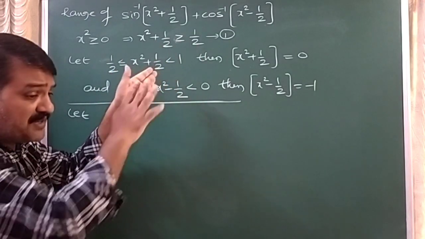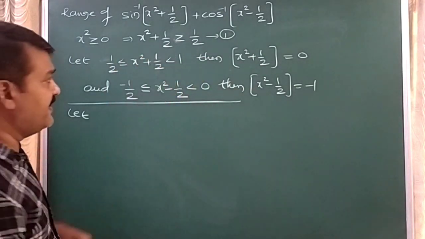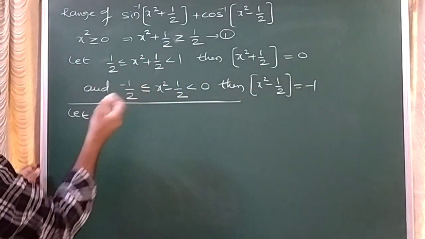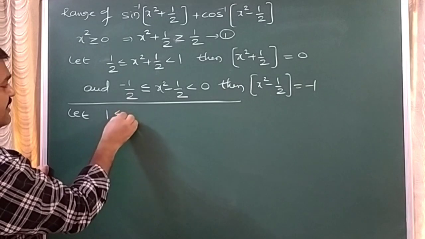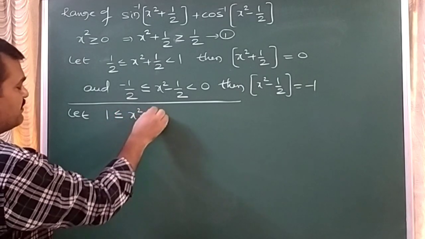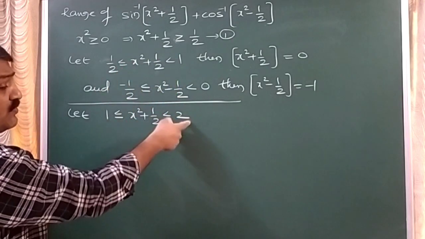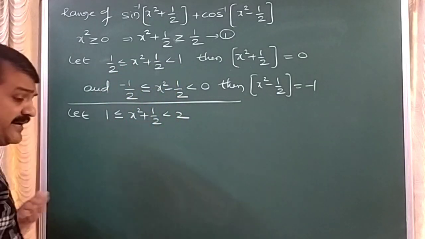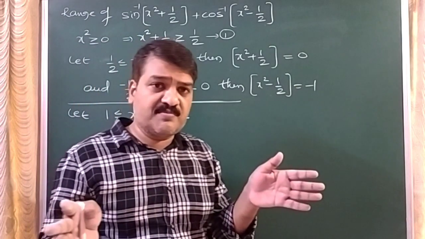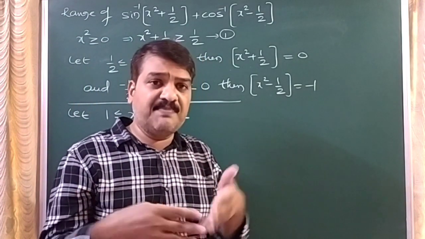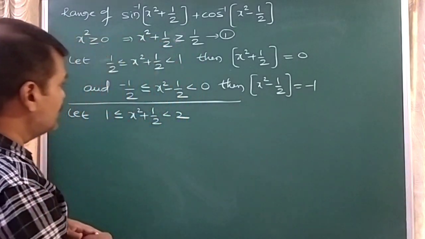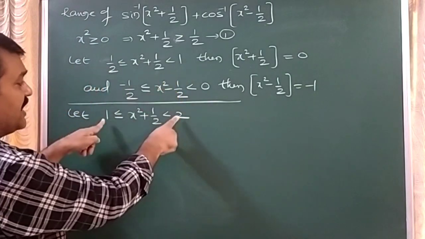Now I will take from 1 to 2, so 1 ≤ x² + 1/2 < 2. This interval is over. Between two integers only you choose, because between two integers the step is the same for any number. Now I am coming to 1 to 2.